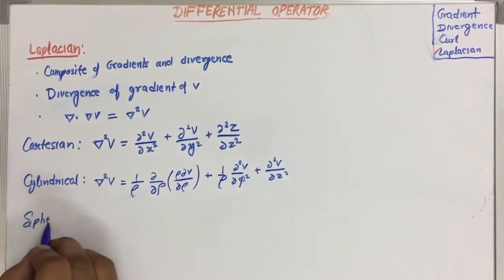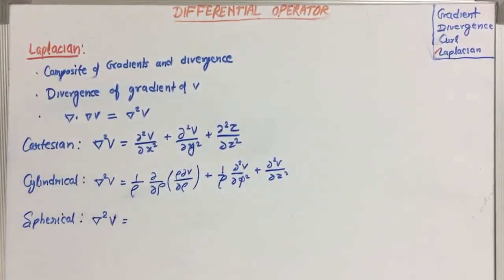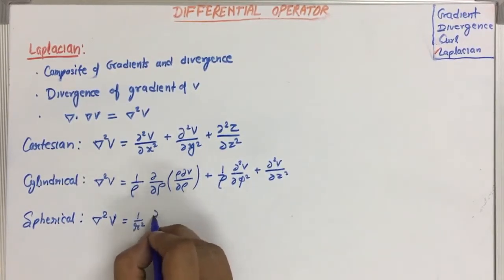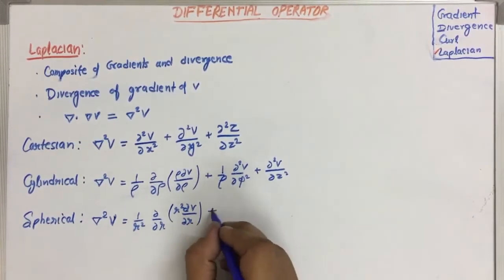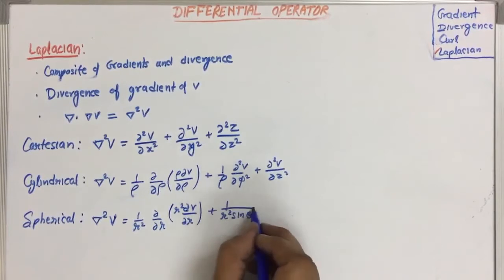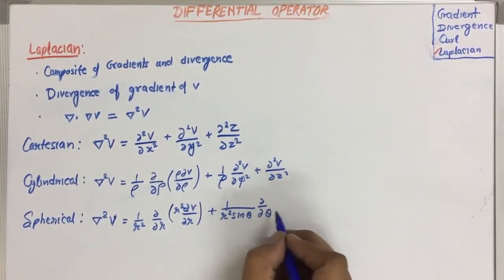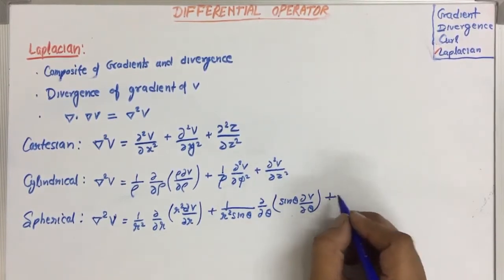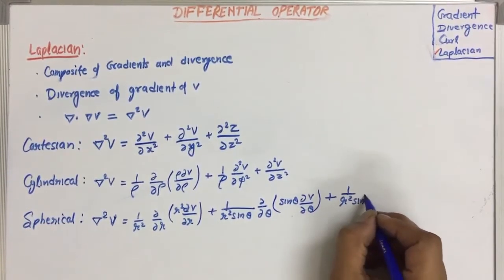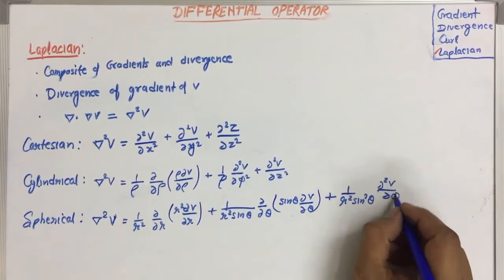Now in the case of the spherical coordinate system, the Laplacian of scalar field V is equal to 1 by r square, del over del r of r square del V over del r, plus 1 by r square sine theta, and this term we explained in the previous case, curl, why this is here, del over del theta of sine theta del V over del theta, plus 1 by r square sine square theta del square V over del phi square.